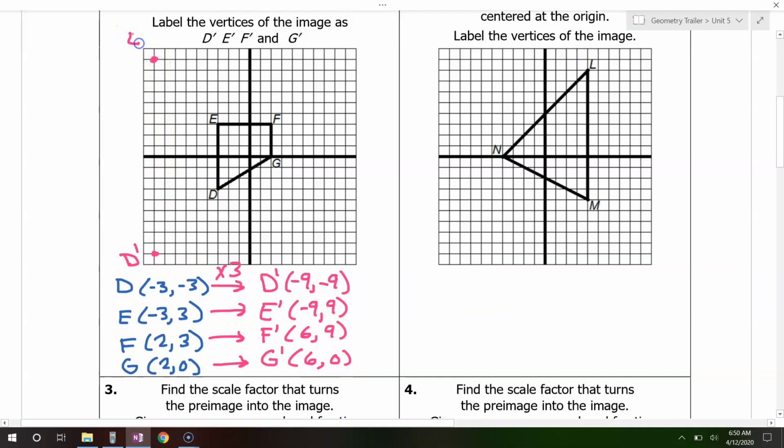So there's my E prime. 6, 9. So that'll be F prime. And 6, 0. And that'll be G prime. And that's basically how you do it.